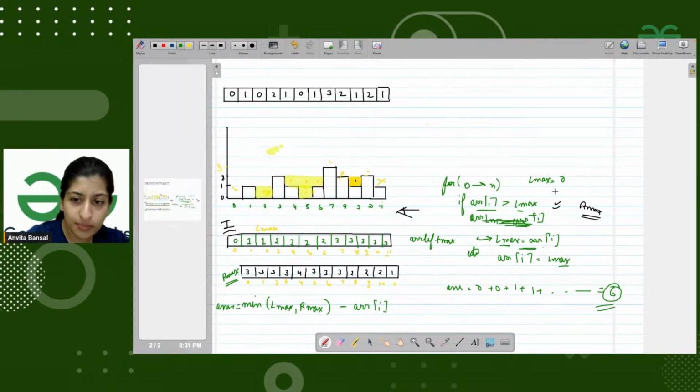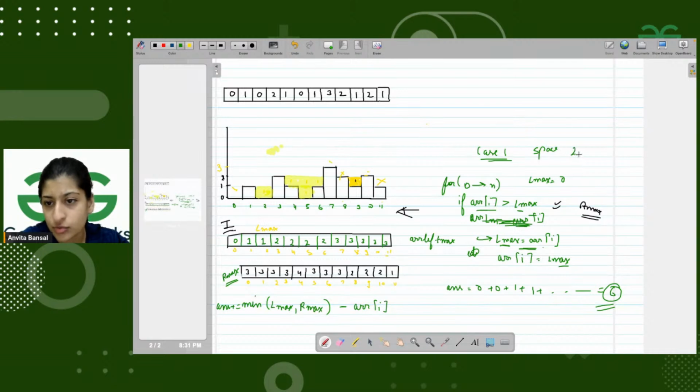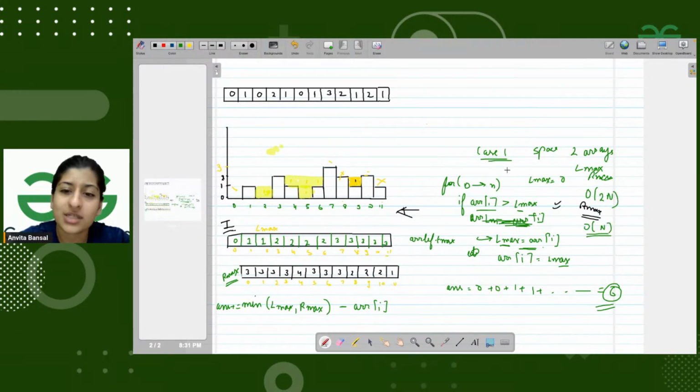Fine. So in case 1, you took some space, right? You took two arrays to store the Lmax and Rmax, and this is the reason your space becomes O of 2n, which can be written as O of n. And what is the time complexity?